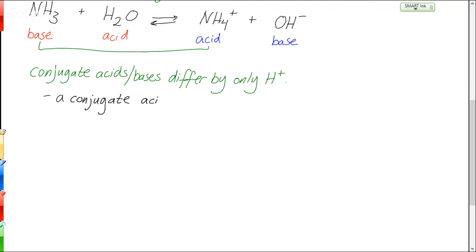A conjugate acid is a molecule plus H plus.